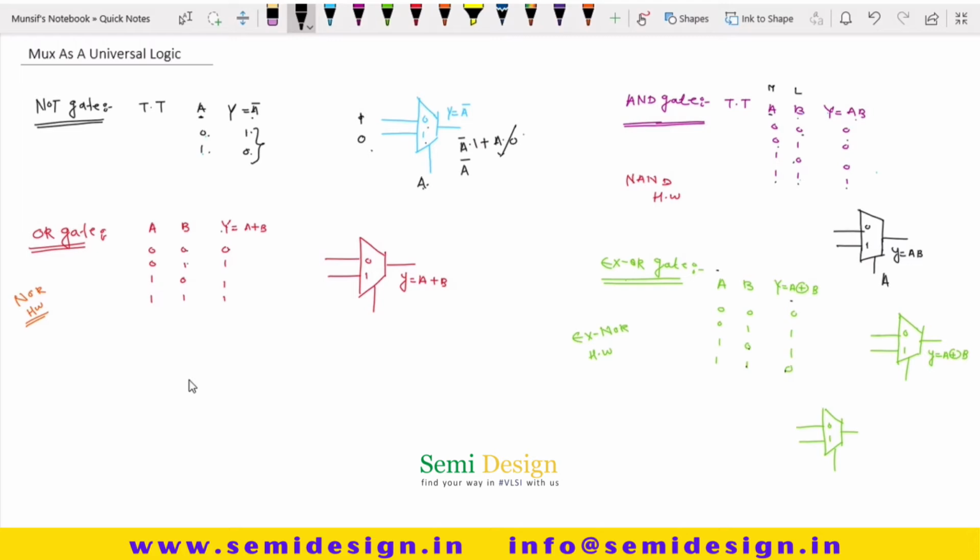And forget about this A now. Now just see this B and Y. We need to map somehow this B and Y here, right? So we need to make a pair, because 4 inputs are here, 4 outputs are here, we want 2 only, 2 inputs are there at the multiplexer. So make a pair like this and compare this Y with A.